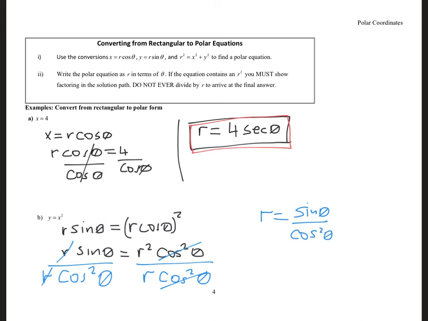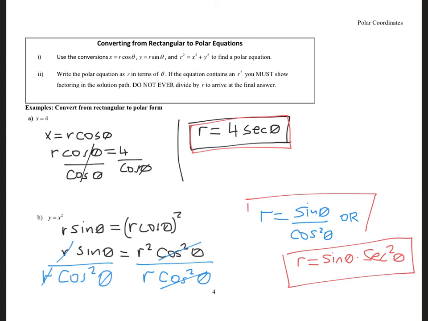And is there another way we could write this? Let's rewrite this one. This is r equals sine theta, and 1 over cosine is secant, so secant squared theta. So same thing. Each of those answers is correct.